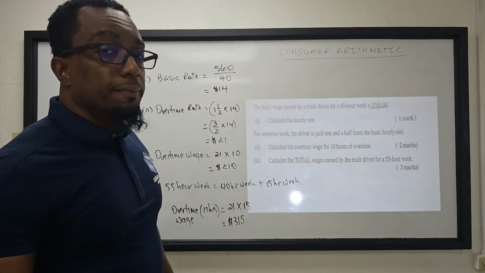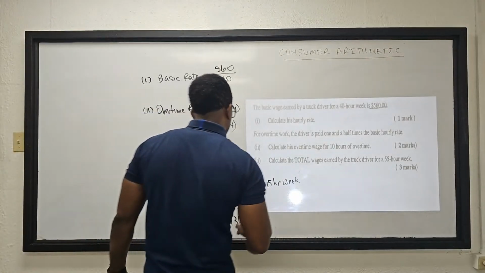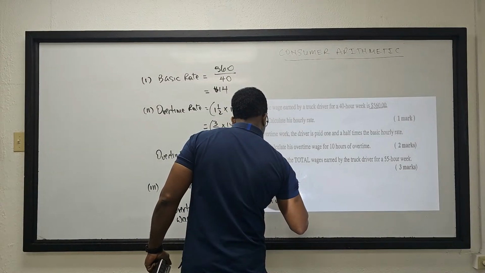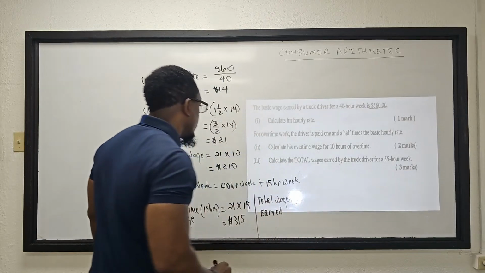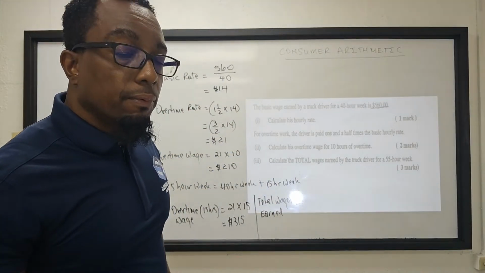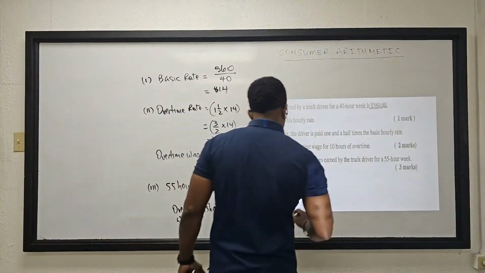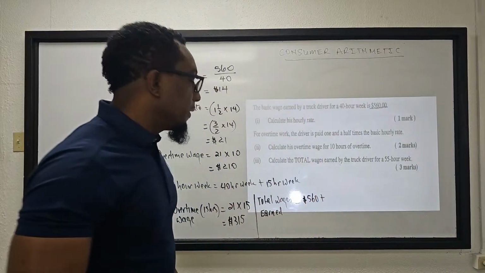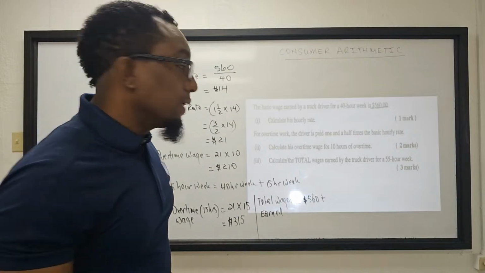So therefore, for the 55-hour week, the total wages earned will be to add the wage for 40 hours, which will be $560, plus the overtime wage for 15 hours worked for the week of $315.